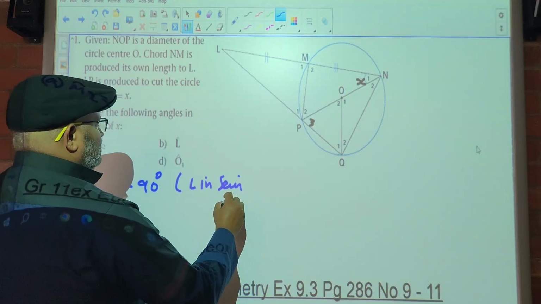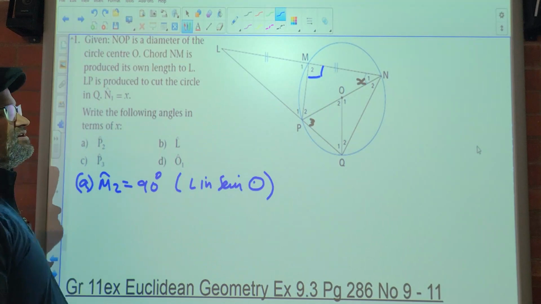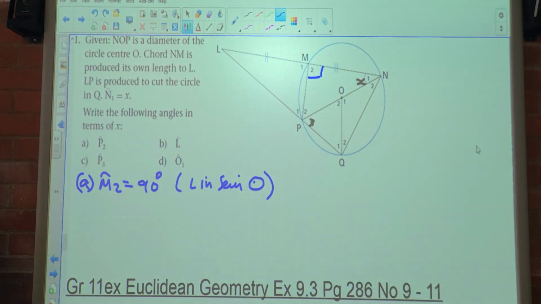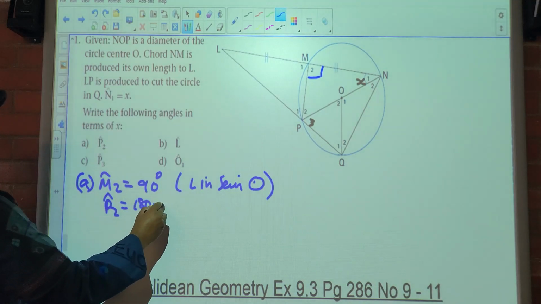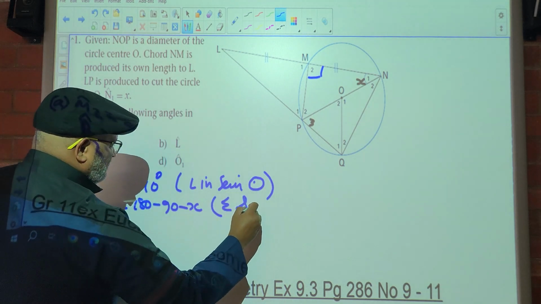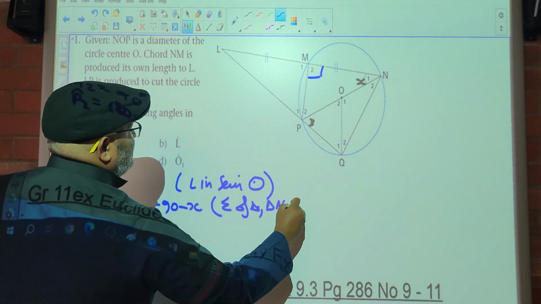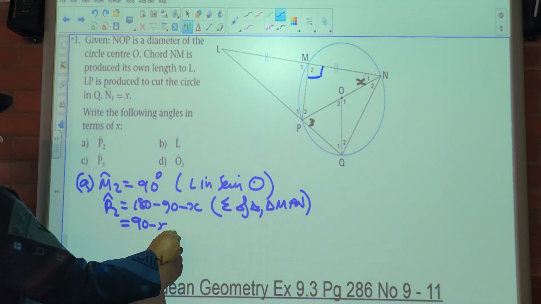I gave you all the answers already. Right. So I'm going to calculate P2. Sum in triangles. So P2 is equal to 180 minus 90 minus x. It's triangle MPN. So it's 90 minus x.